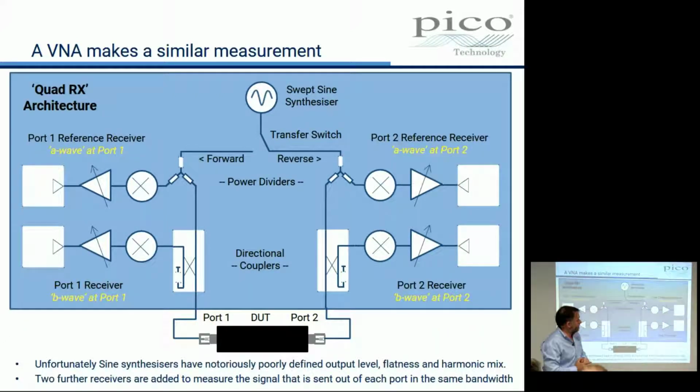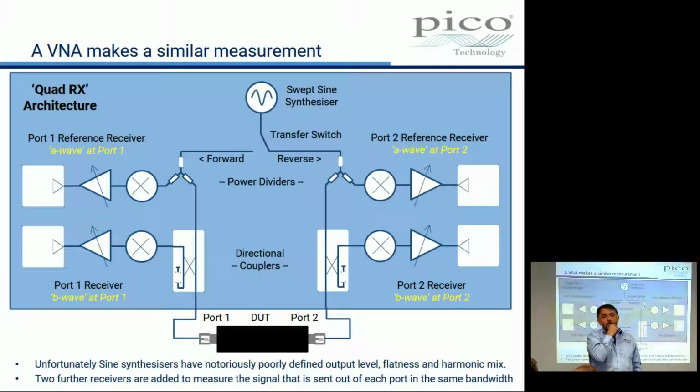Now, unfortunately, things aren't quite as simple as we'd like, because if we used just 2 receivers, we'd have a lot of inaccuracy, because the signal that a synthesizer can produce is not terribly accurate in its level.